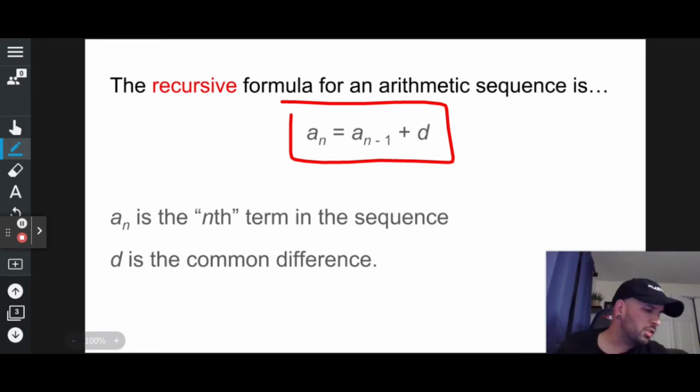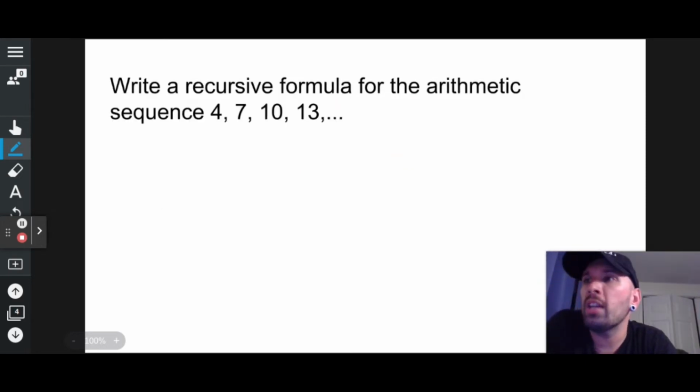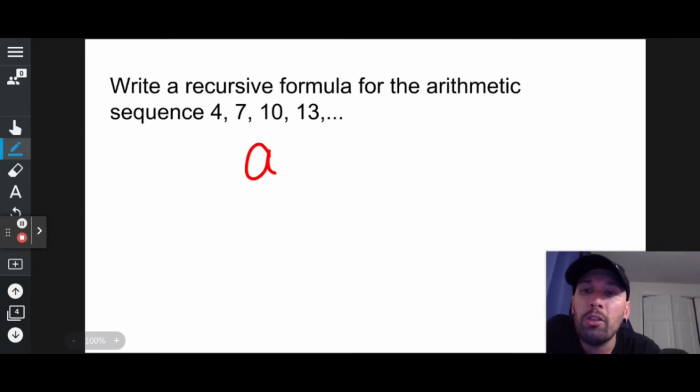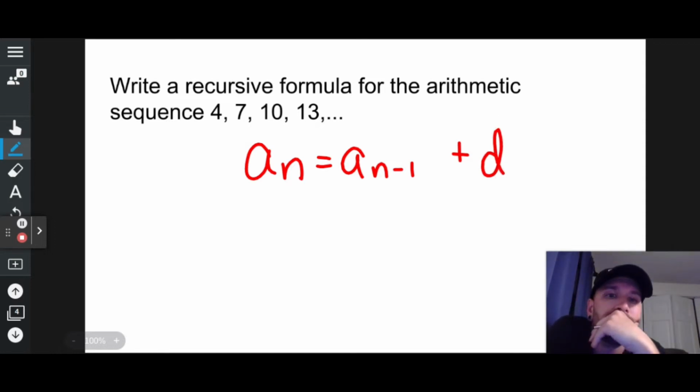So really, for us to understand this formula, because it is kind of confusing to look at with all the subscripts and stuff like that, the best way to understand it is to actually do it. So my job is to write a recursive formula for this arithmetic sequence, 4, 7, 10, 13. What I'm going to do is write out the definition of a recursive formula, which looks like that, and I'm going to write out what I know.